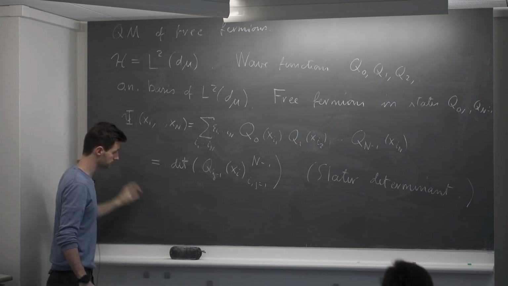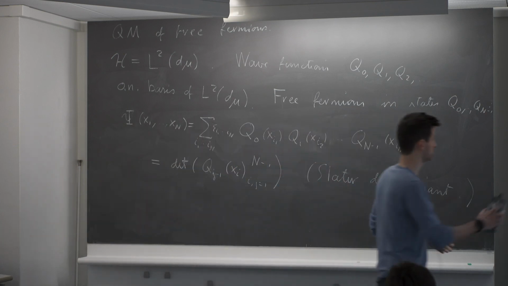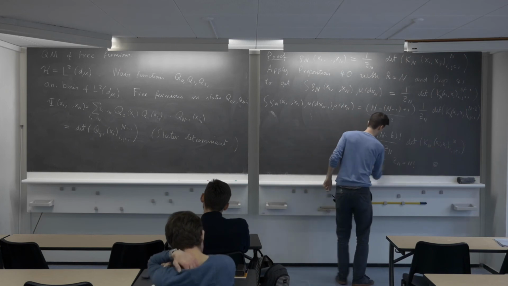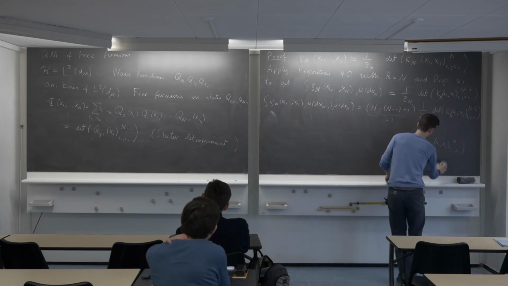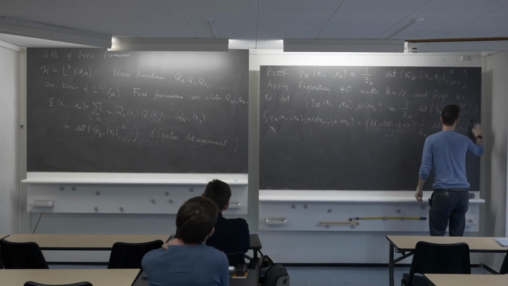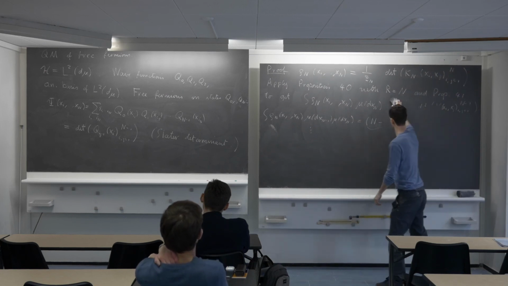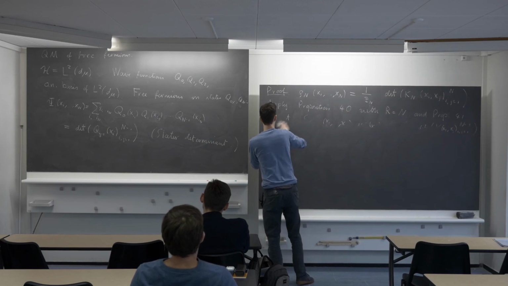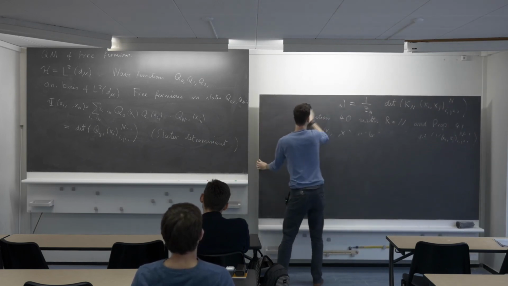Now, how would one get to correlation functions? What are correlation functions in quantum mechanics? How do you integrate out variables in quantum mechanics? Well, it's a bit more subtle.